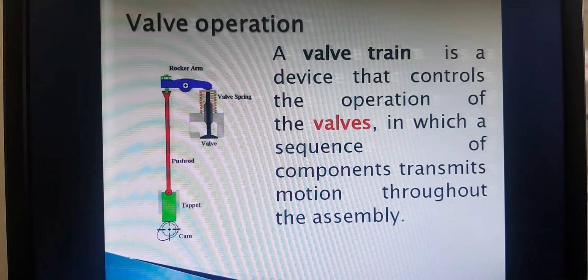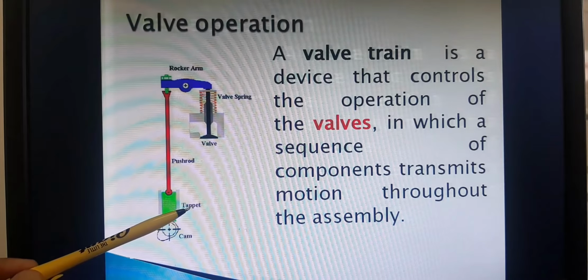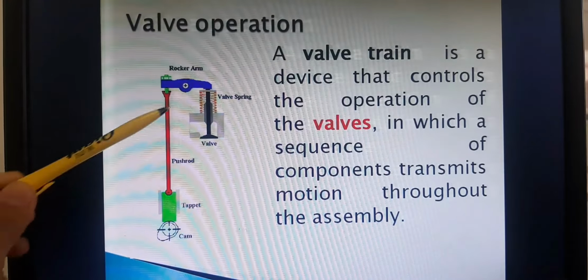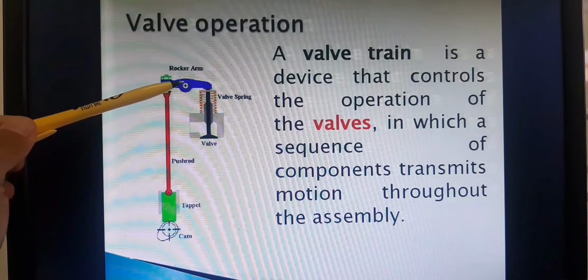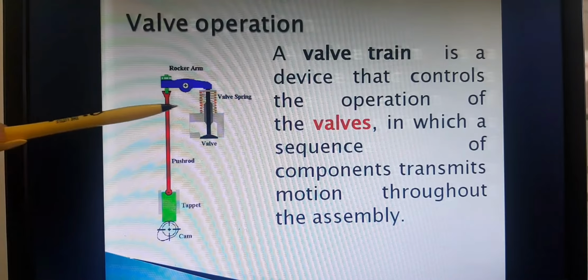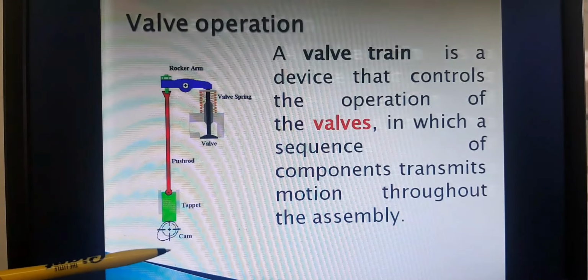So here is a typical valve train. What are the parts that we can see? We have a cam, then we have a tappet, then we have a push rod, then we have a rocker arm. These components transmit motion throughout the assembly.